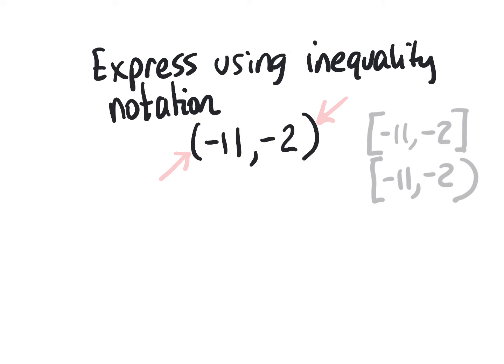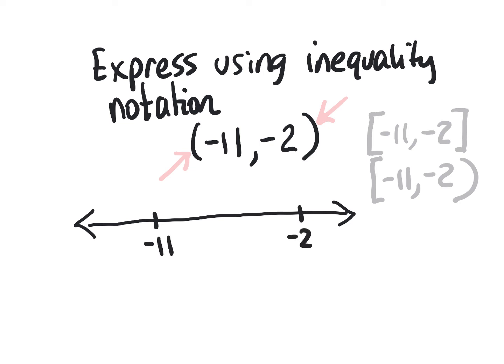So we're going to look at the one that is in the darker black, and I will make my number line. So I'm going to go from -11 to -2, and then I know I'm not including them, so I'm going to put an open circle, and I will connect the spots. So that would be how I would write it on a number line.